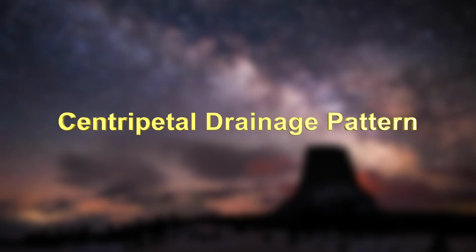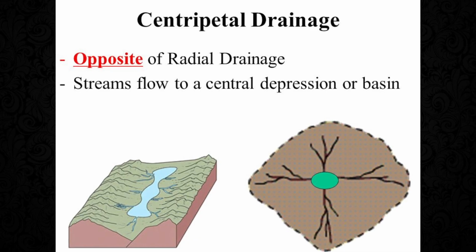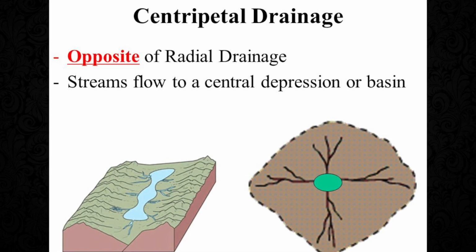Centripetal drainage pattern. Centripetal or inland drainage pattern is opposite to radial drainage pattern because it is characterized by the streams which converge at a point, which is generally a basin, a depression or a lake.